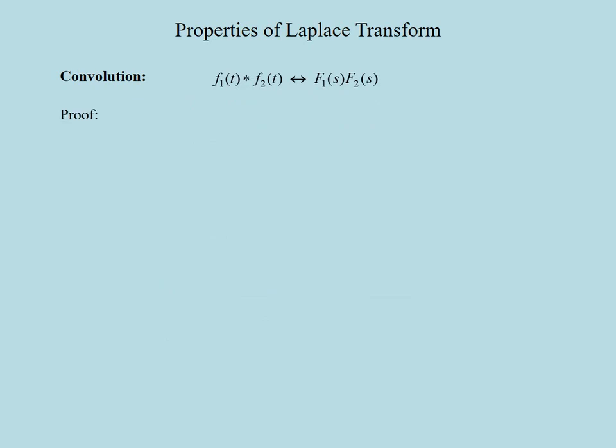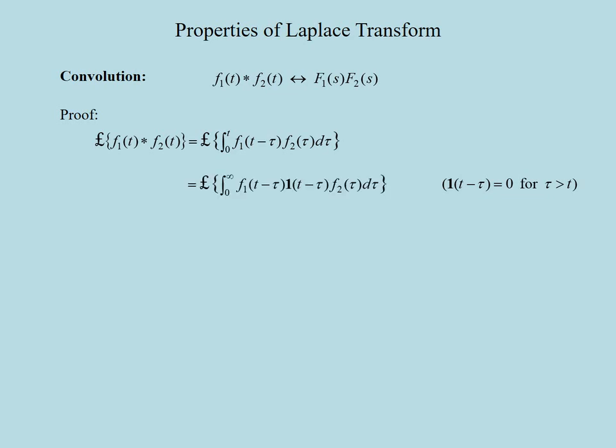Let us now prove the convolution theorem. We start by considering the Laplace transform of f1 convolves f2. Since the unit step function of t minus tau will be 0 for tau greater than t, we can introduce this function into the integrand and extend the upper integration limit from t to infinity.